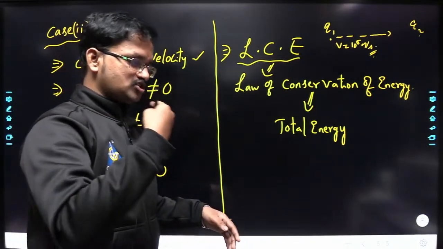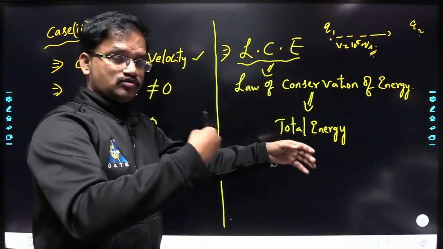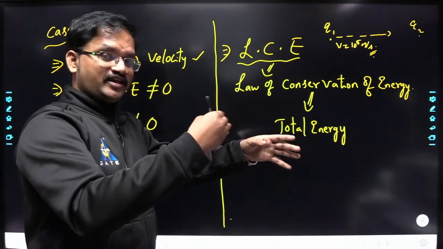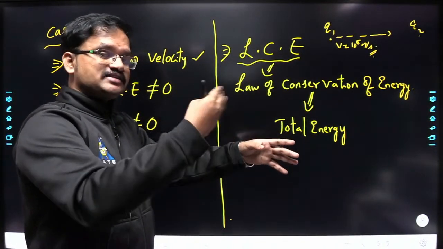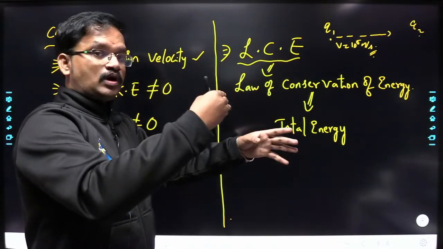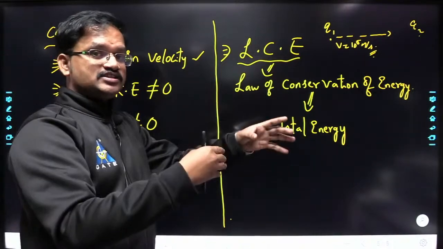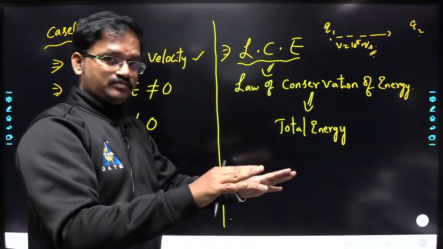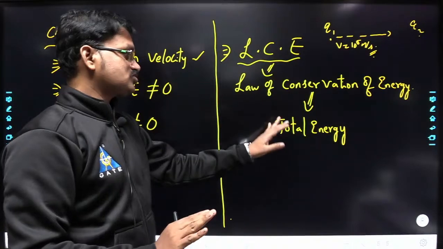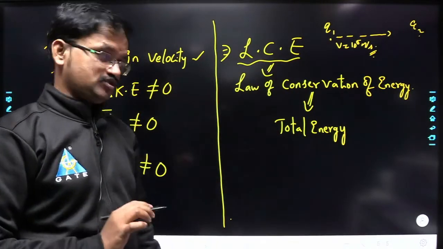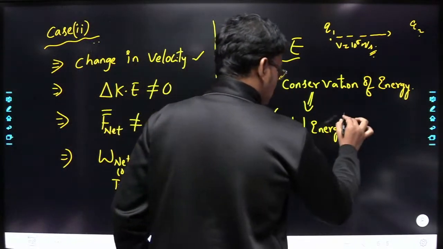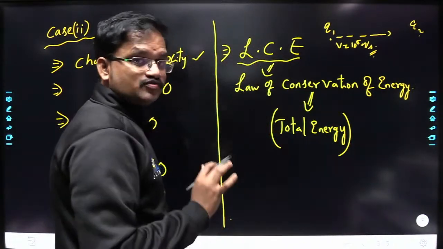So as Q1 is moving towards Q2, the kinetic energy is decreasing, but whatever the decrease in kinetic energy is transformed into potential energy, such that the total energy will remain the same at any instant of time. That is called the law of conservation of energy. So the total energy should not change with respect to time.